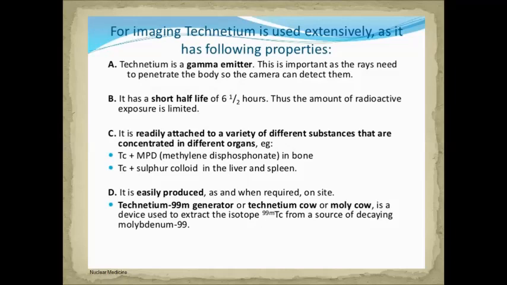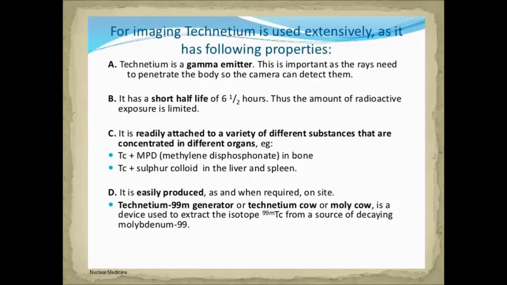It's readily attached to a variety of different substances that are concentrated in various organs. For example, depending on the pharmaceutical, it may accumulate in bones, liver, spleen, lungs, and other organs.